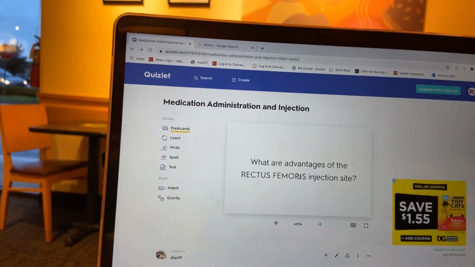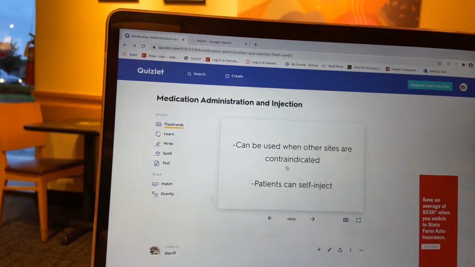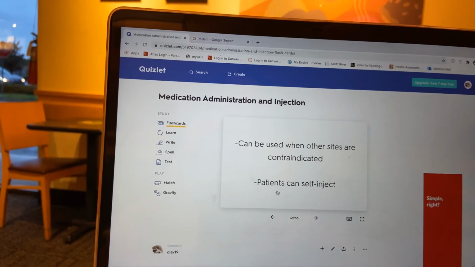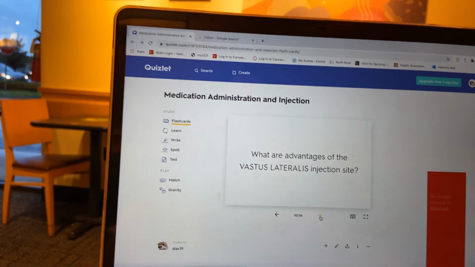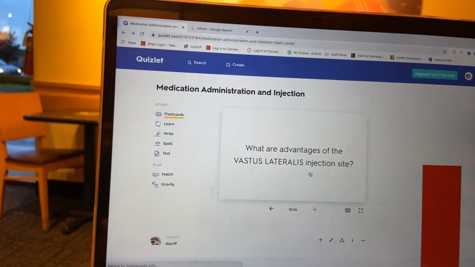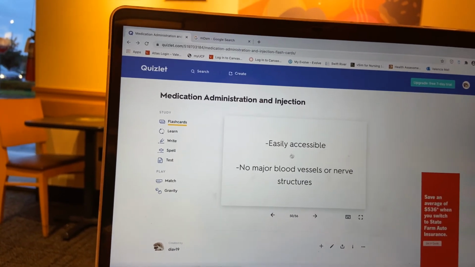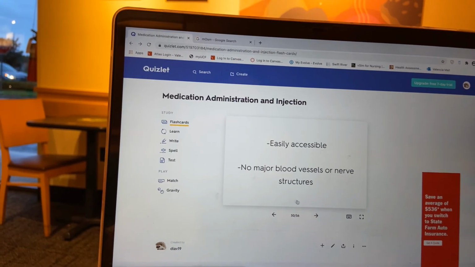What are advantages of the rectus femoris injection site? It can be used when other sites are contraindicated and the patient can self-inject. What are advantages of the vastus lateralis injection site? It's easily accessible and there are no major blood vessels or nerve structures.